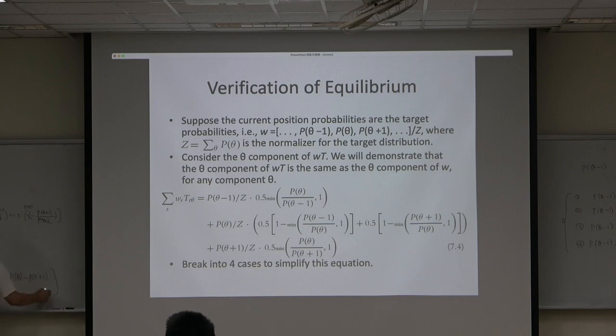So this cancels, and this cancels each other. So we are going to end up with 2 p of theta. So the result is going to be p of theta divided by z.